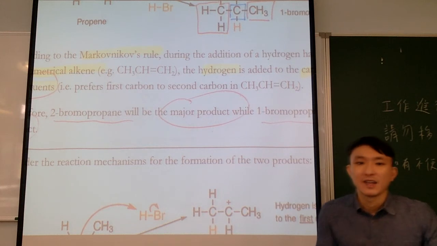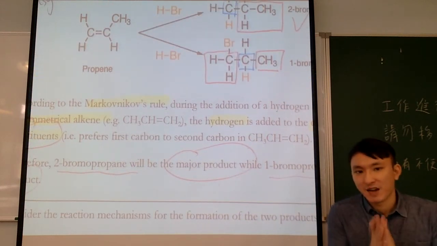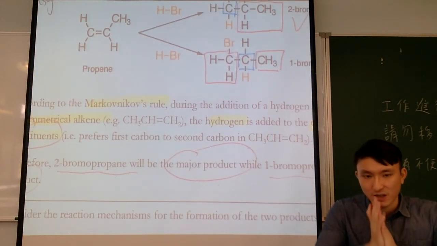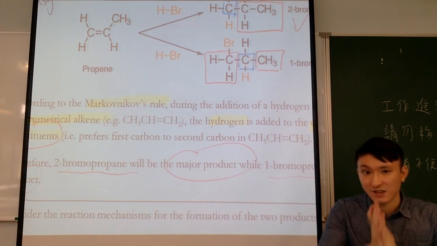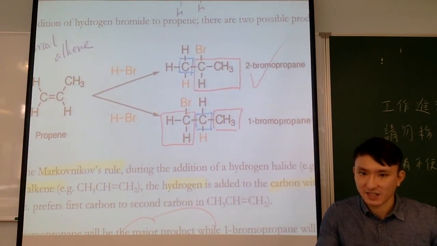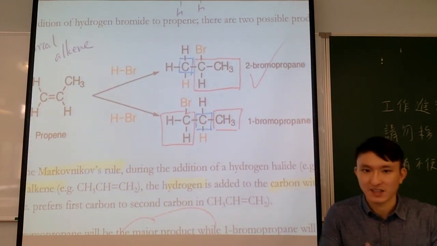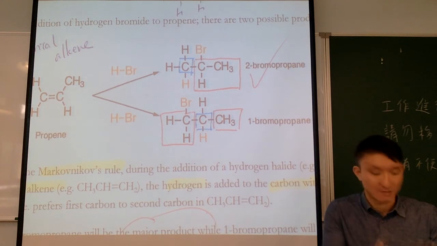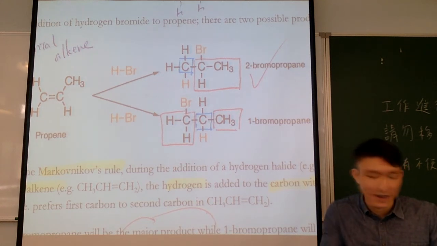So that's the idea. Now, first of all, you notice that Markovnikov's rule does not give us any explanation. It is just a rule that allows us to predict which one is the major product. It is not an explanation. There is no explanation at all, right?